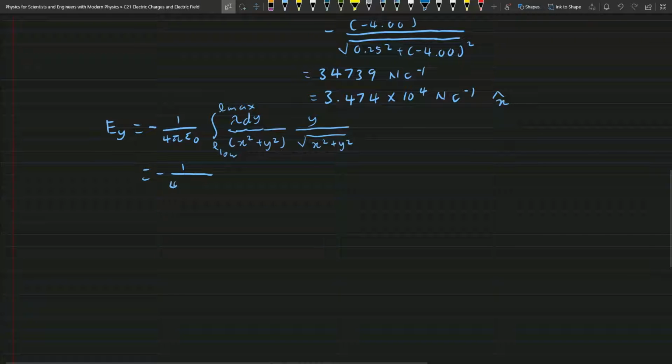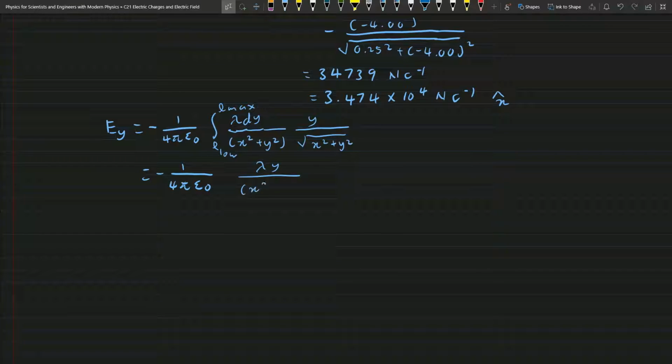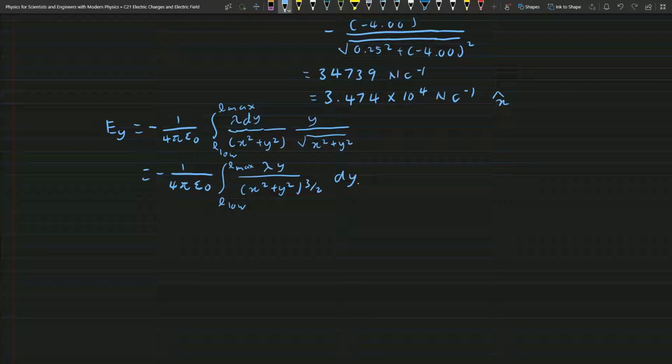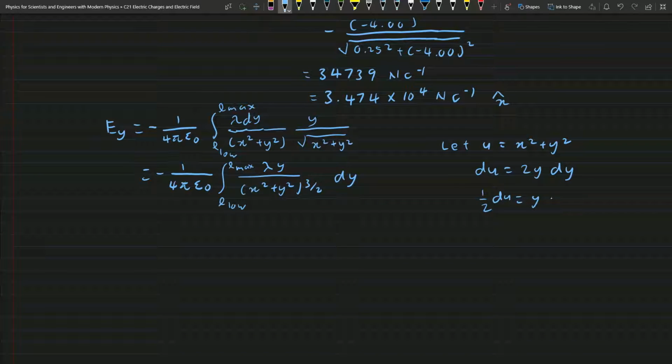So we get the integral of y dy over (x squared plus y squared) to the 3/2, from L low to L max. For this we are going to use substitution. So let u equal x squared plus y squared. Then du equals 2y dy, so y dy equals 1 over 2 du.